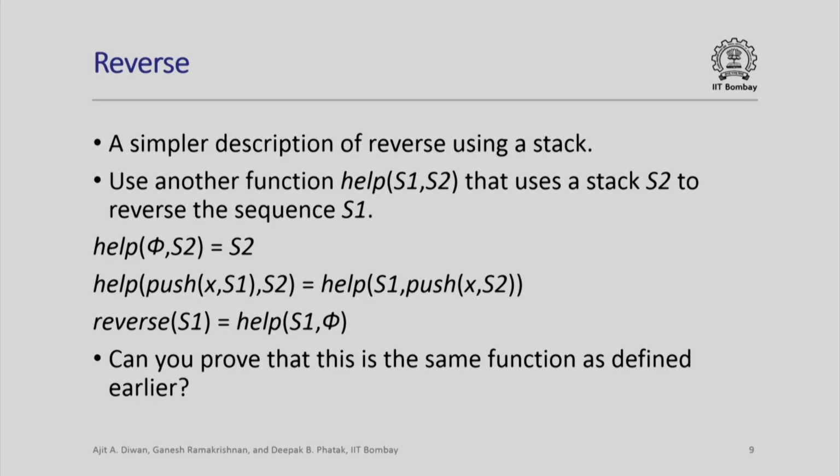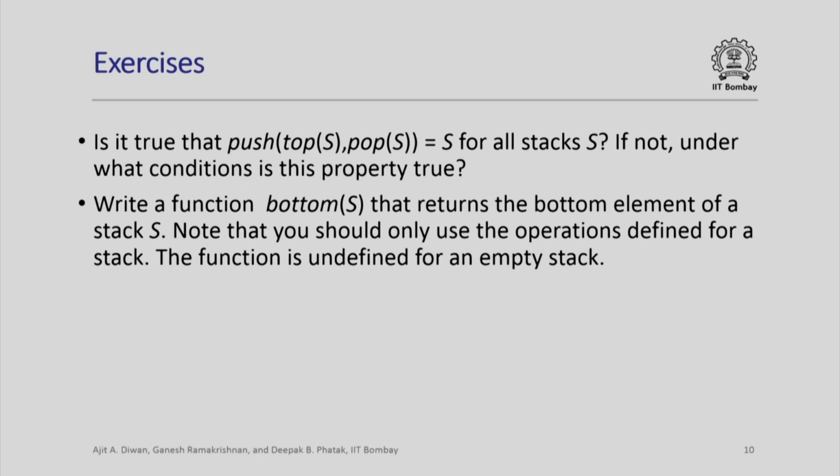So help S1 comma phi means you are just pushing the elements of the sequence one by one into an empty stack, and generating a new sequence; the value of the stack will be the reverse of the original sequence. So try to show that this gives the same reverse function as the one we had defined earlier using the concatenate operation. So this gives an alternative way of implementing the reverse function using a stack.